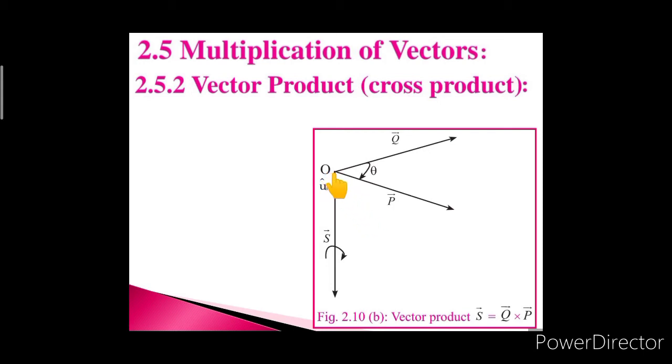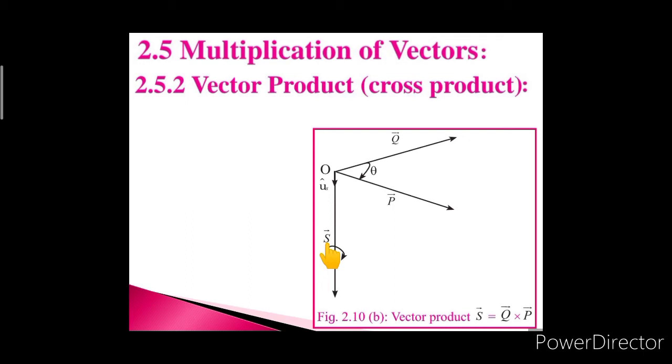So over here the resultant we are getting is perpendicular to the plane containing these two vectors, but the direction of the resultant is in the downward direction. That's why this downward direction we are representing as vector S. Here we cannot take the result of multiplication of the two vectors as vector R only, because as we are changing the order of multiplication, that means we are changing the order of rotation.